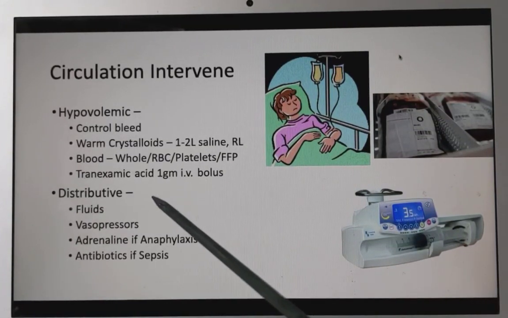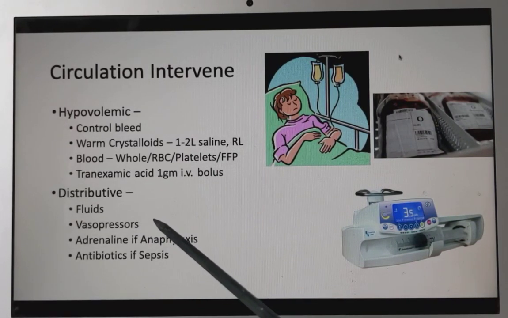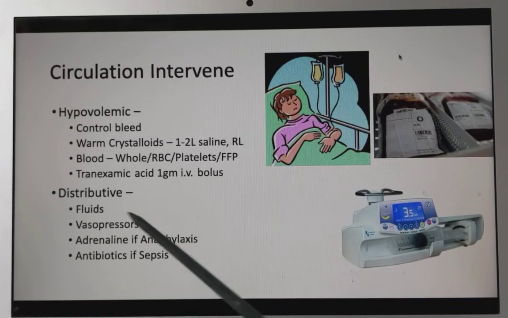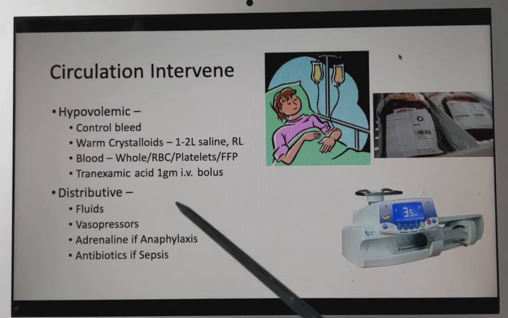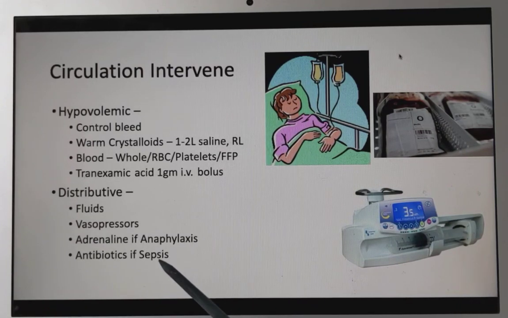So you first give some fluids, but despite that, if the blood pressure is not coming up, then you give vasopressors such as noradrenaline or metaraminol, and it also depends on the local practices, but these are commonly used. And then if it is a case of anaphylaxis, you will have to consider adrenaline, which is to be given IM if it's a sudden anaphylactic shock. And of course, if it is sepsis, you will also have to do correction, so you also need to consider starting antibiotics.